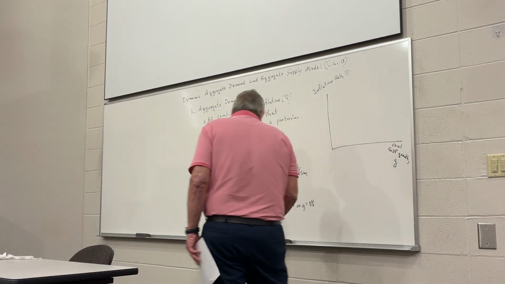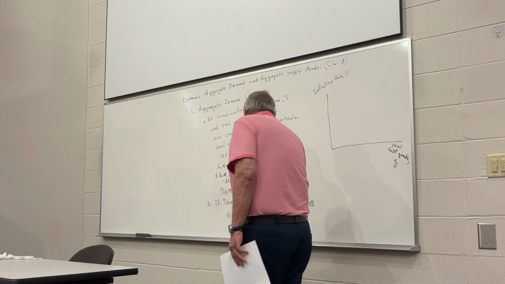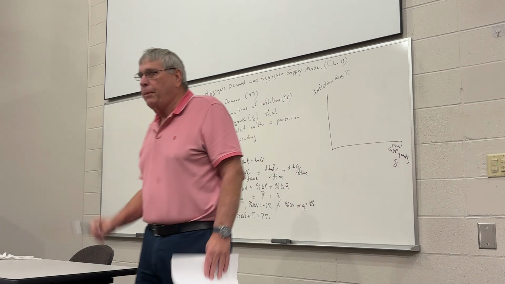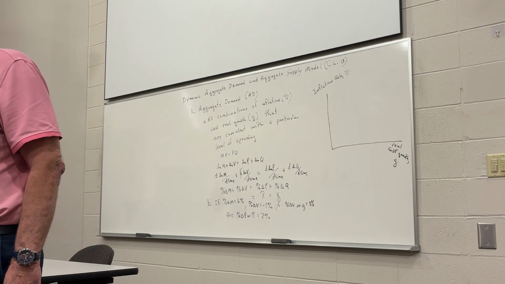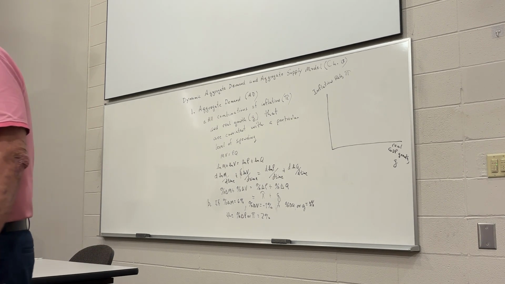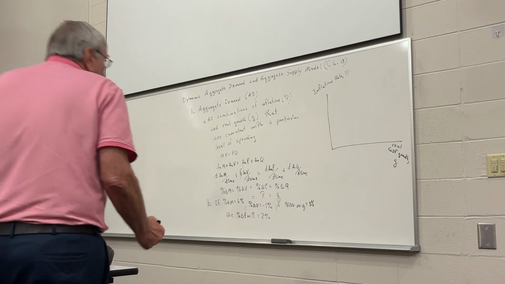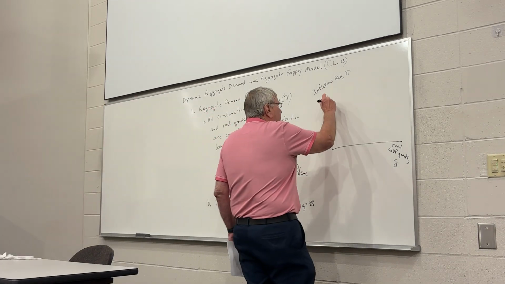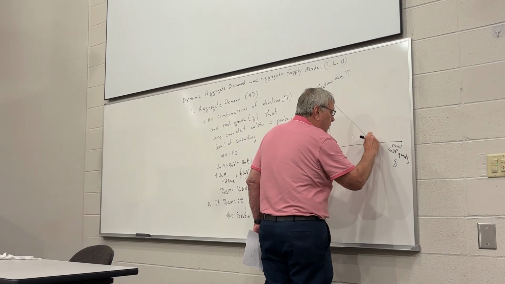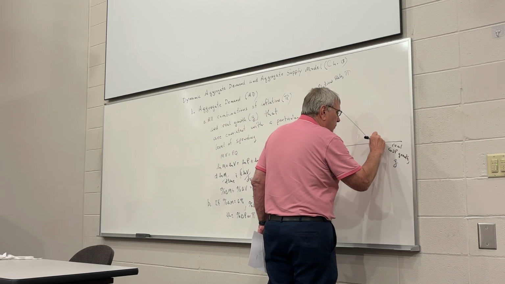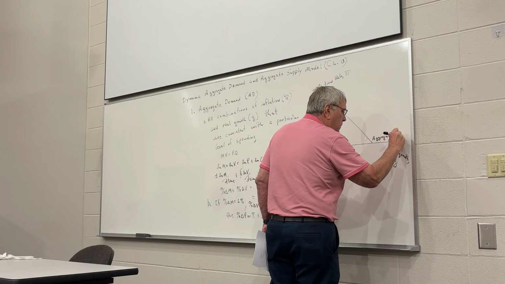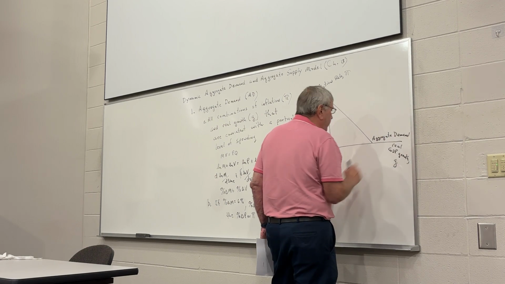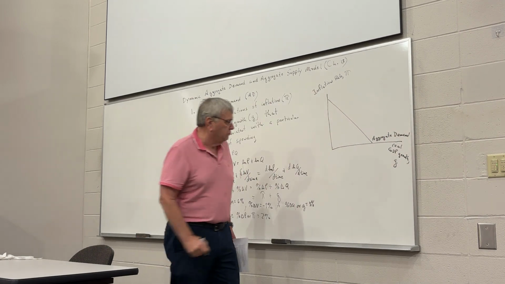And basically, if inflation goes up to 3%, what has to happen to real GDP growth in our model? It's got to go down to 2%. The right-hand side has to stay the same. So that's telling you that the aggregate demand curve has to look something like that.